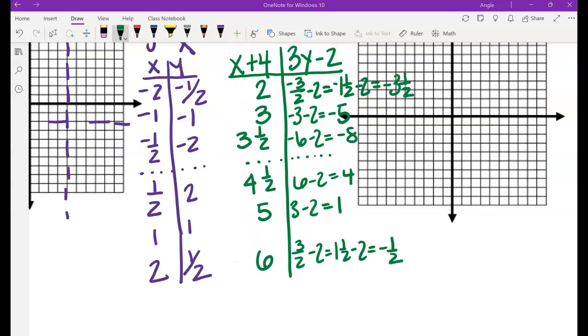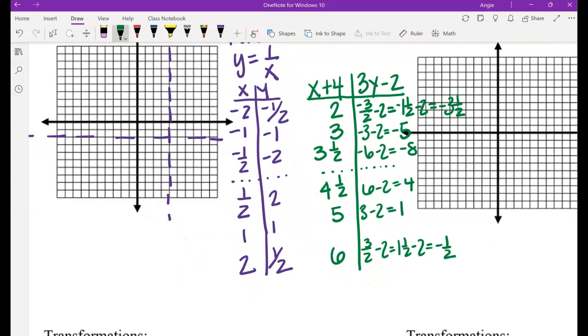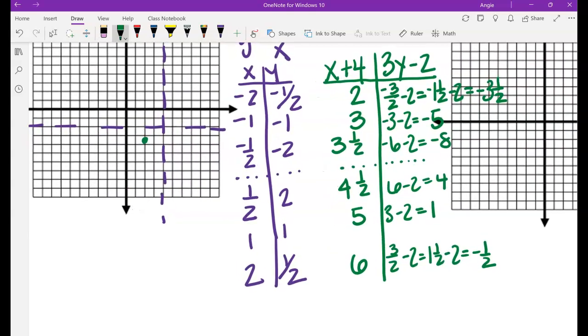Okay guys, let's compare our transformation table. These are the 6 x's and y's. Hopefully we are matching. So let's go and plot those. Okay, we have 2 and then go down 3, negative 3.5. So 2 and then 3.5 is right here. Next value is positive 3, go to negative 5, so 1, 2, 3, 4, 5, just like that. And then 3.5, go to negative 8. So remember, we are supposed to get really close to the asymptote.